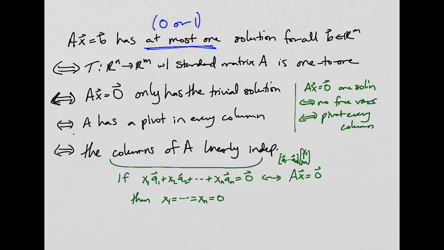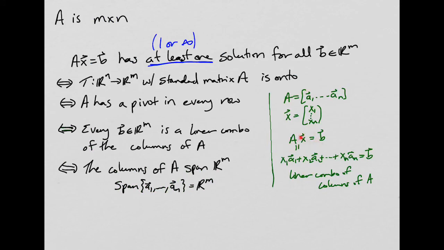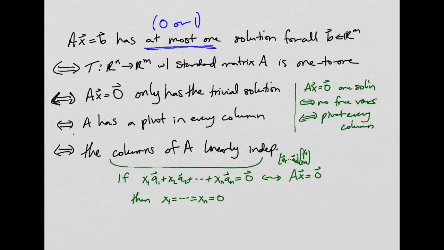If you do that product, you end up getting this linear combination. This is what we showed on the previous slide. Remember, we did the same exact computation here. So saying that these x's have to be 0 is the same thing as saying that this equation only has a trivial solution.